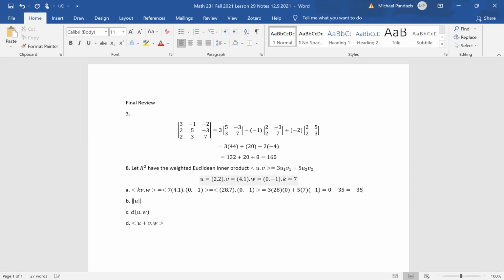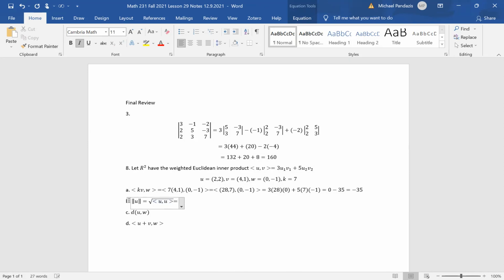This equals negative 35. Okay, so that makes sense. That's how you compute the inner product using that weighted inner product. So now the norm of u is equal to the square root of the inner product of the vector u with itself.